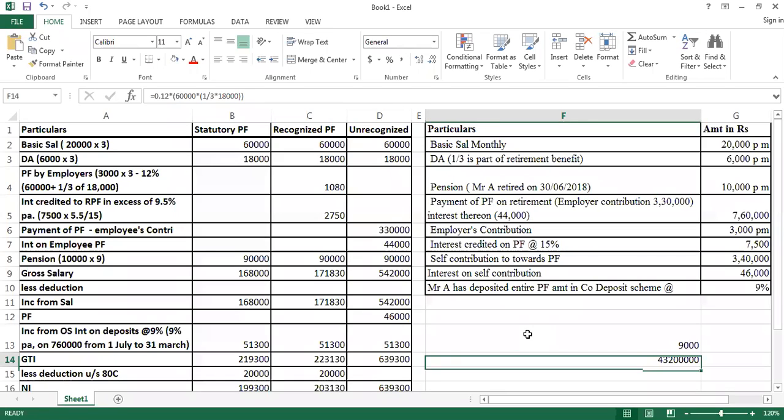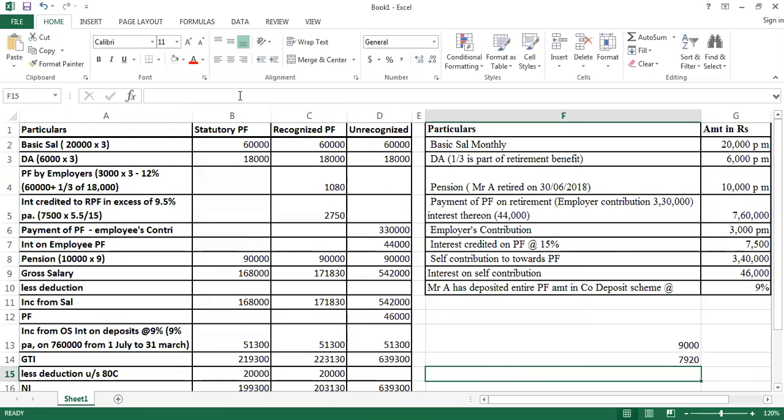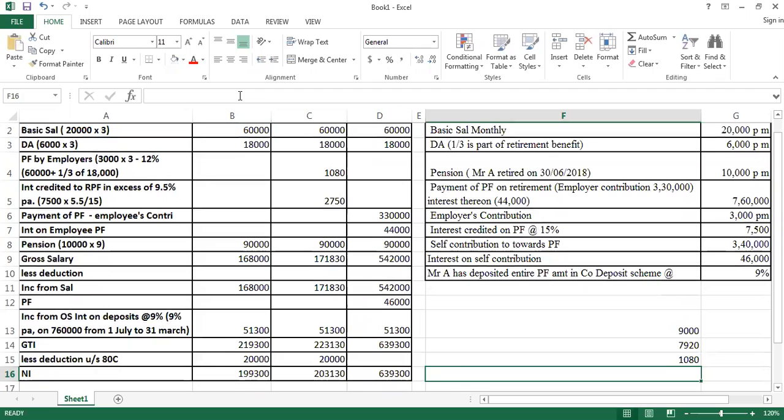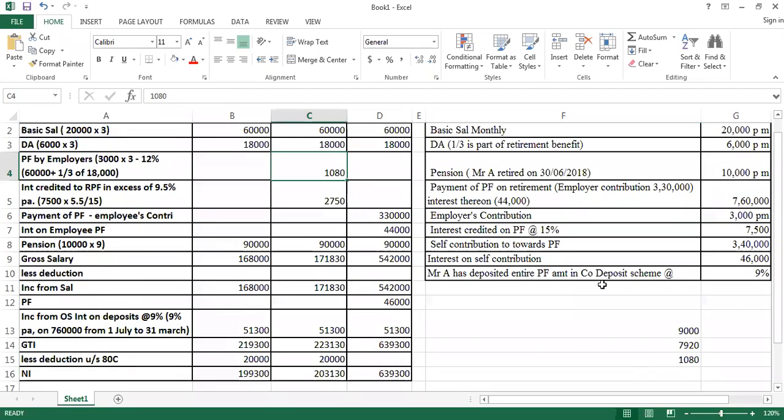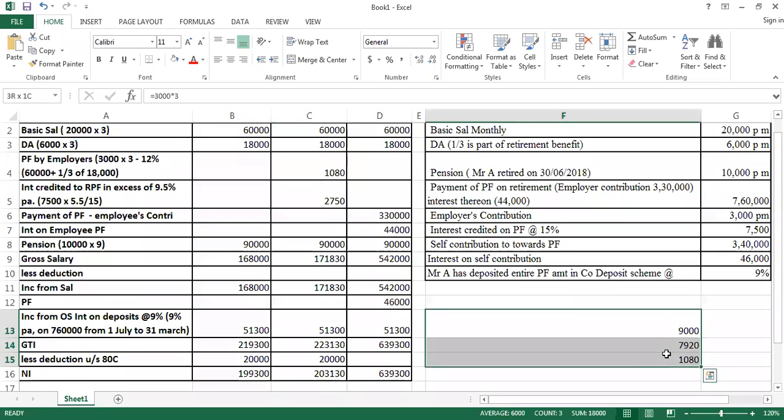If I subtract this, the value that I get is 1080. So this value and this value exactly match each other. So this is how I get my answer as far as PF contribution by the employer.